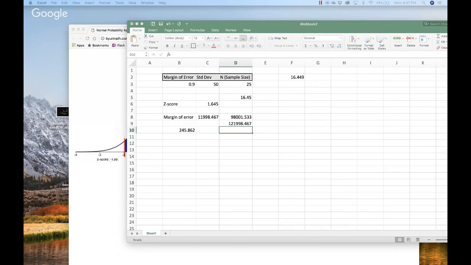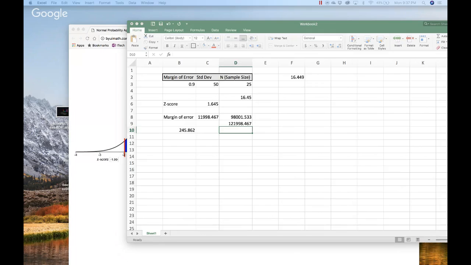Yeah. It says round to the nearest whole number, but do we round down on this one or round it up? We're not talking about a sample size, so we don't have to round up, right? Round to the nearest whole number. Shouldn't that be 97? Or 98. 121,998.4.